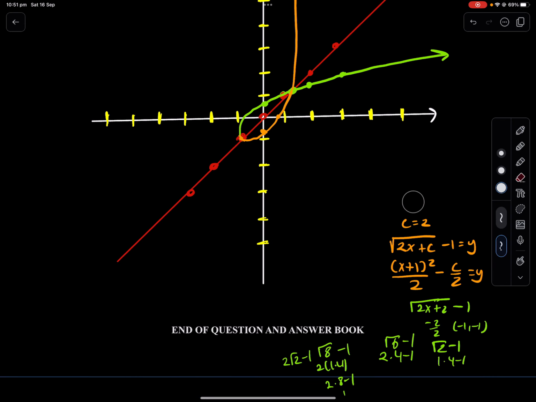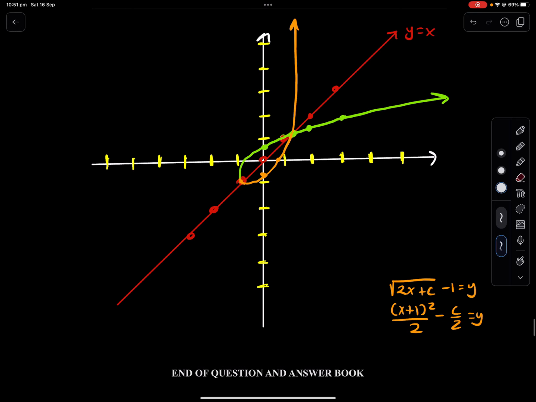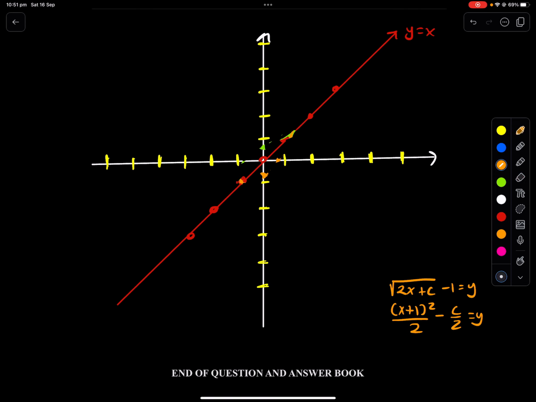If I call c equals 3, let's just try everything out. So now let me rub this all off. Such a pain to rub this. Okay, something like that. So let's do c equals 3.